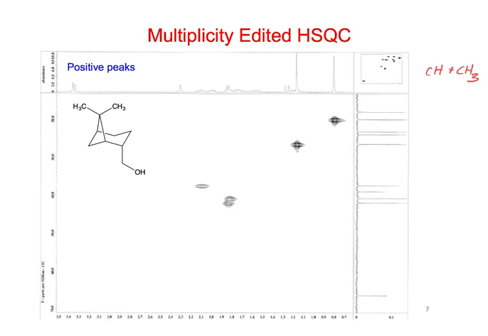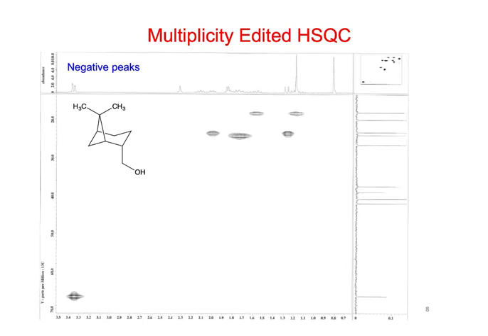And the next one is just the CH2s. So it makes it kind of nice. It is really nice. And of course, just like the DEPT, we don't see any peaks for the quaternary carbons, because there's no protons attached, so we wouldn't see them in this experiment anyway.